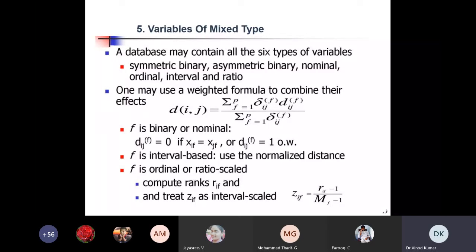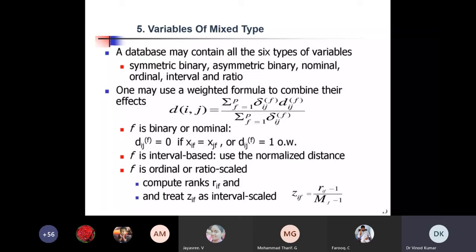These are the different variable data types that can be there in clustering. We also understood two data structures for how we represent the data in memory so that we can perform clustering. First is the object by variable structure, the n cross p matrix, which we call the data matrix. The next one is the dissimilarity matrix.